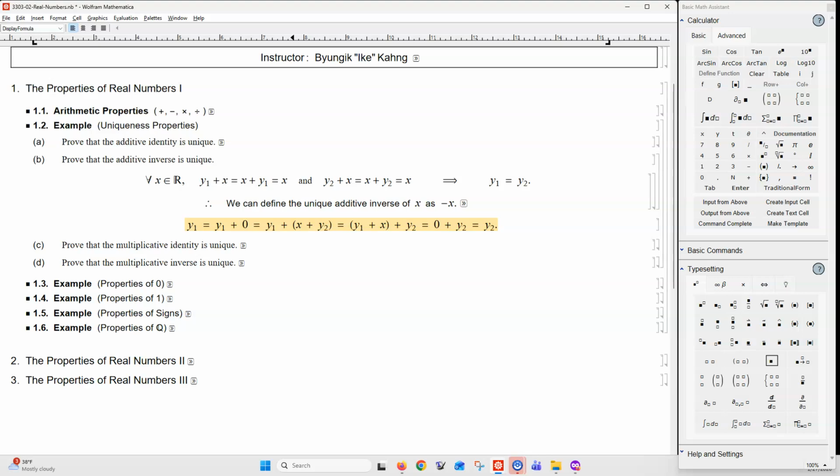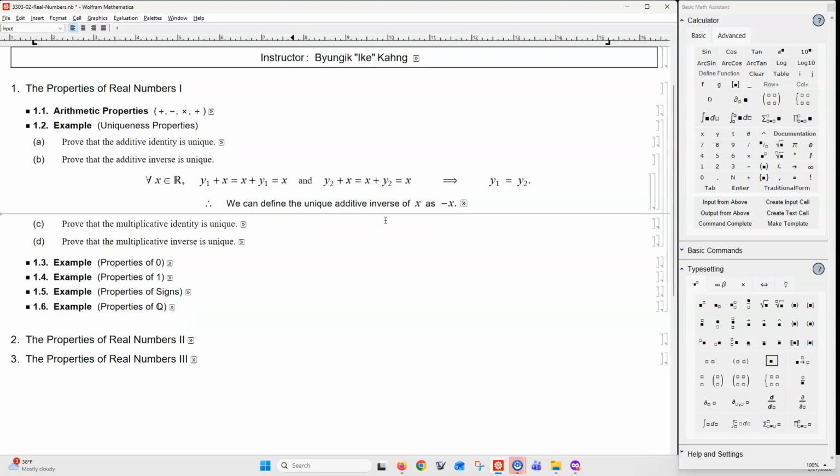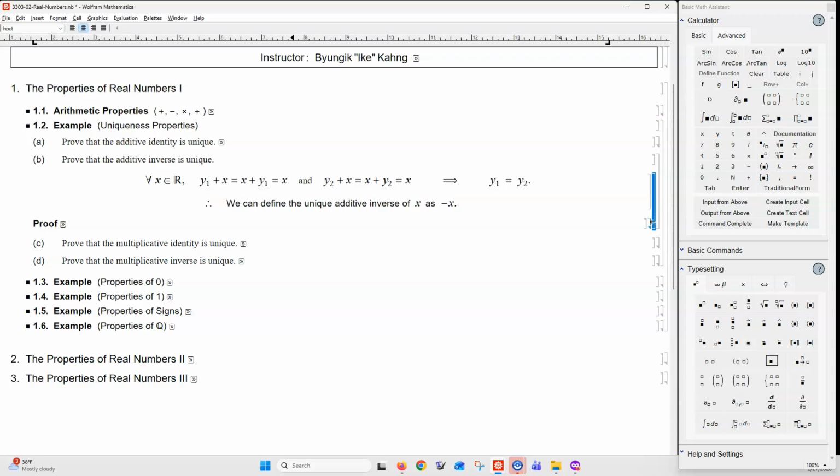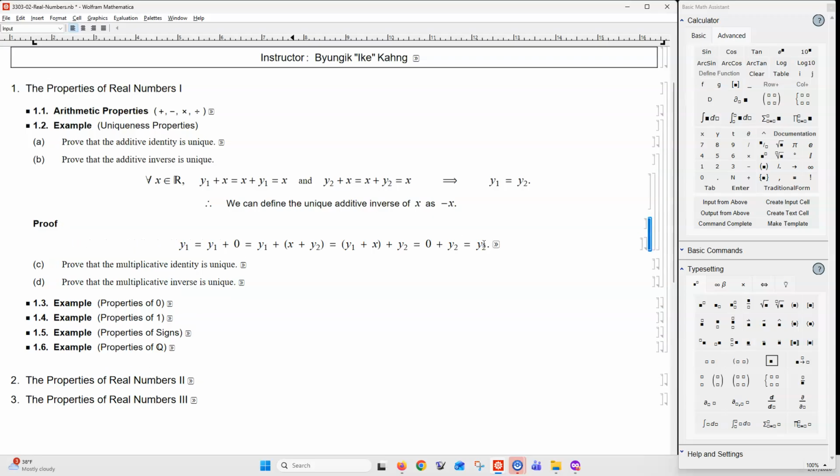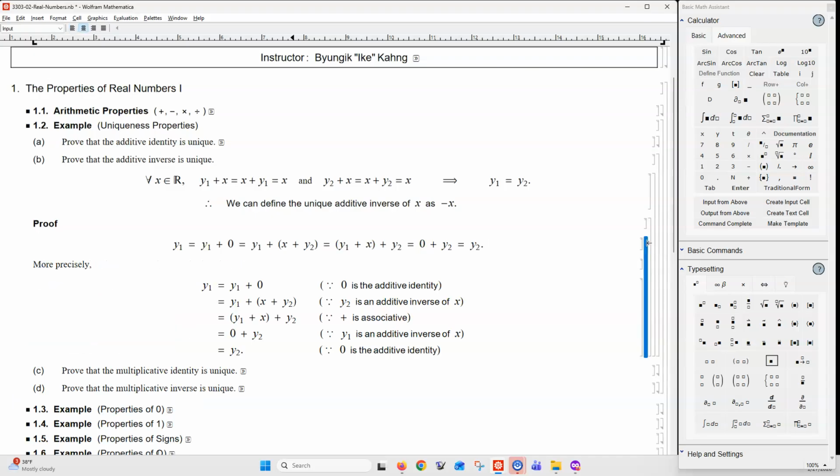If both y1 and y2 are additive inverses of x, consequently the additive inverse is unique, therefore we can define it as negative x. By the way, here's a bit more precise proof. The same thing here, but here's an even more precise version. So what did I do here? At each step, I wrote why that holds.